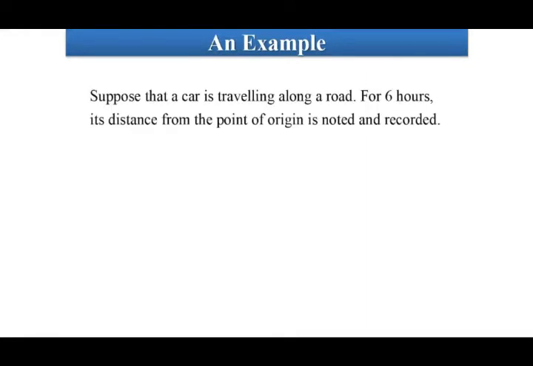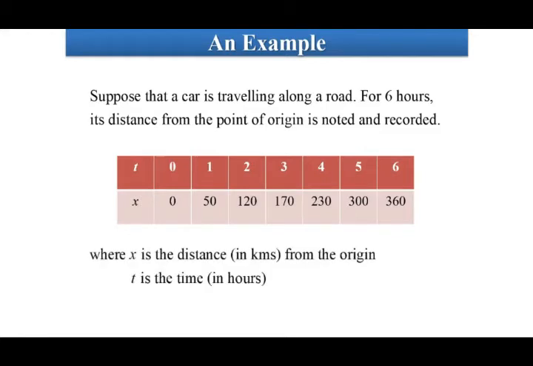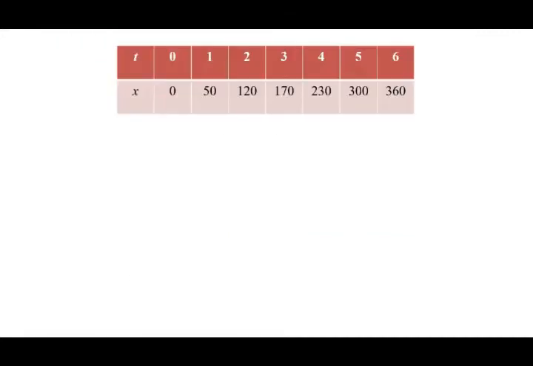Okay. So suppose that a car is traveling along a road for 6 hours. Its distance from the point of origin is noted and recorded. Ayan. Let's say x is the distance in kilometers from the origin and t is the time in hours.